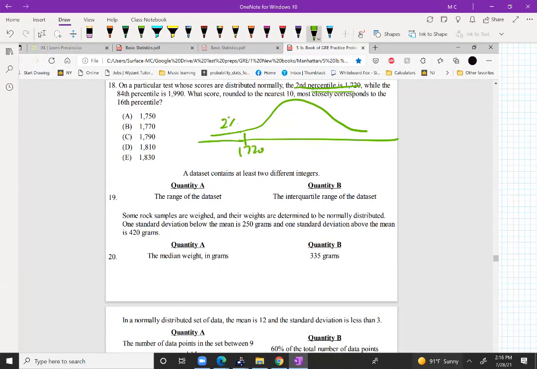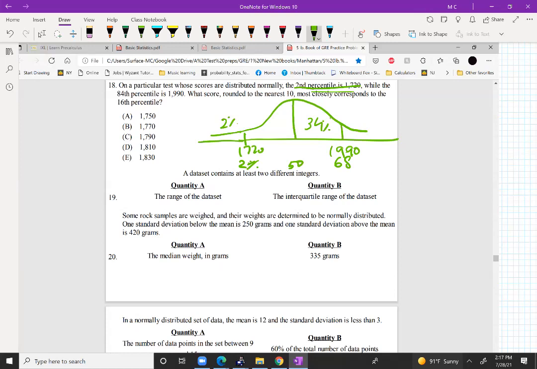The 84th percentile, you can see the middle will be the 50th percentile. That's the 2nd percentile. The 84th percentile will be 34 more. That's going to be 1990.